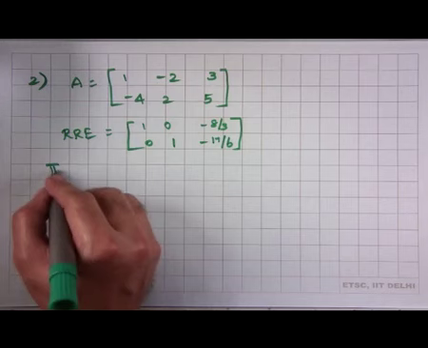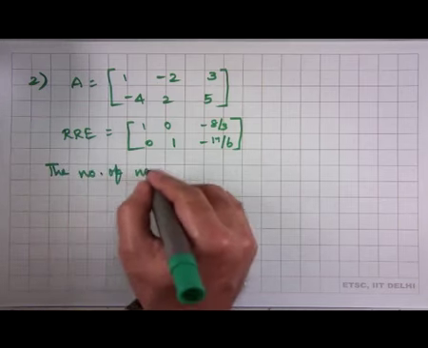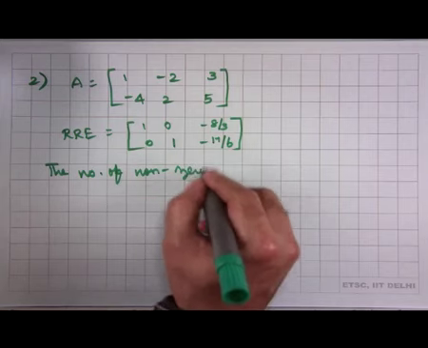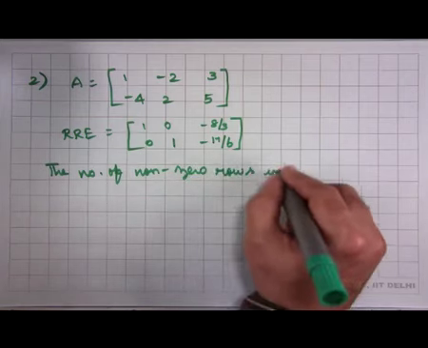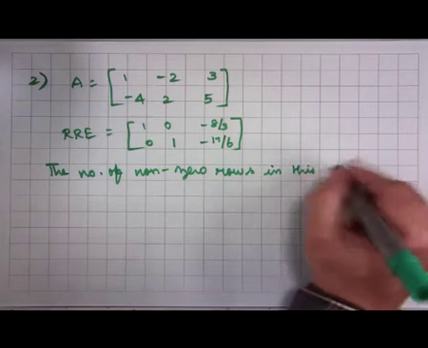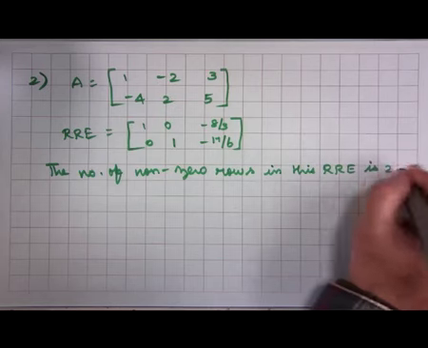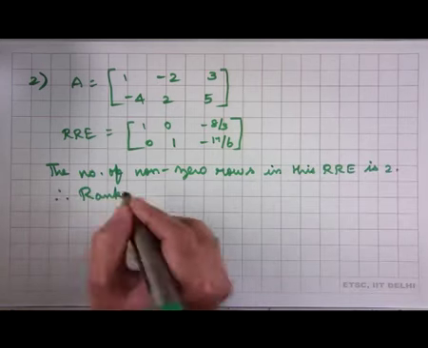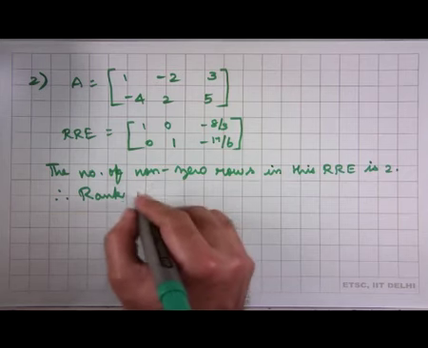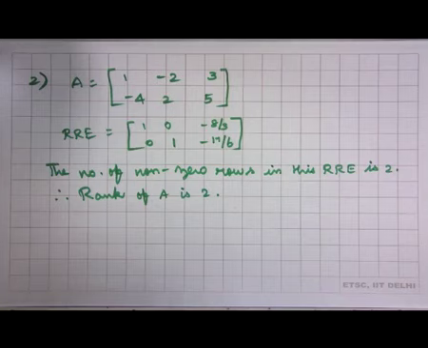The number of non-zero rows in this RRE is 2. Therefore, the rank of A is 2. Now, let us do one more example.